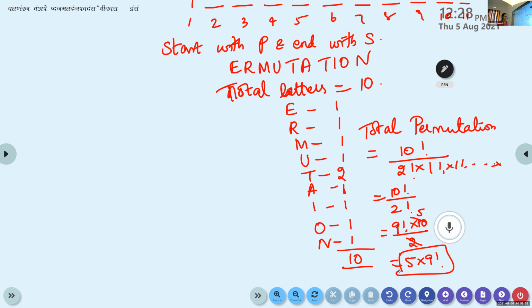Here also we can find out the value. 5 into 9 factorial. Here also simplify and find the answer.